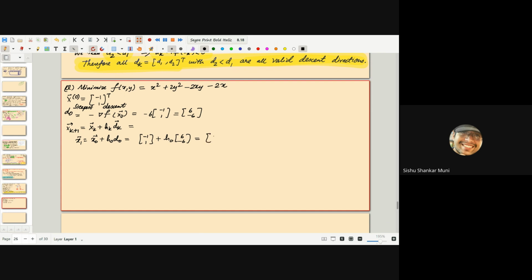So this is equal to (-1 + 6h, 1 - 6h). Is it correct? I think so. Correct. And now observe that thing that I told you before, that this is nothing but a function phi of h. Do you remember? Shall we go back?